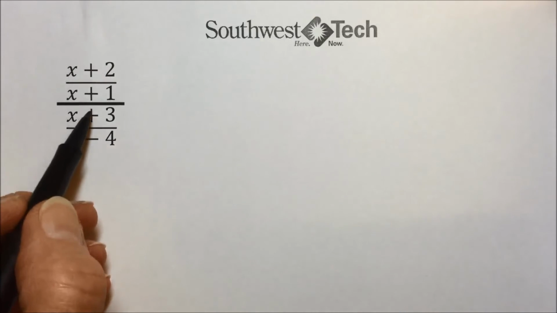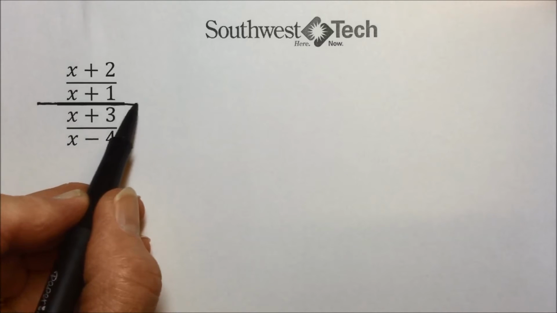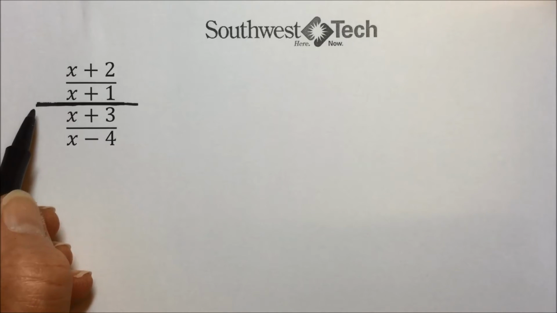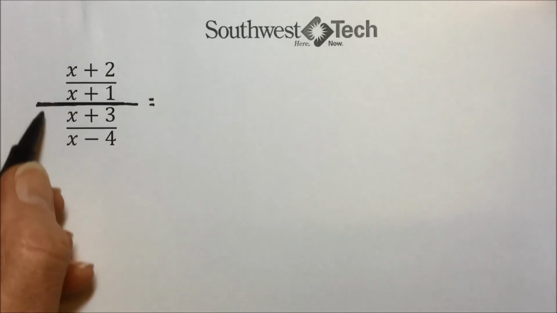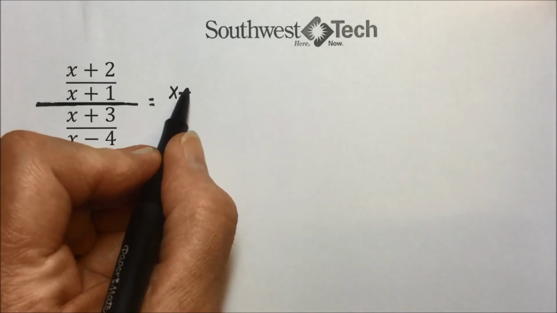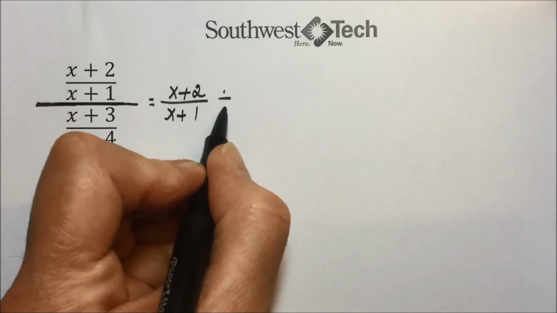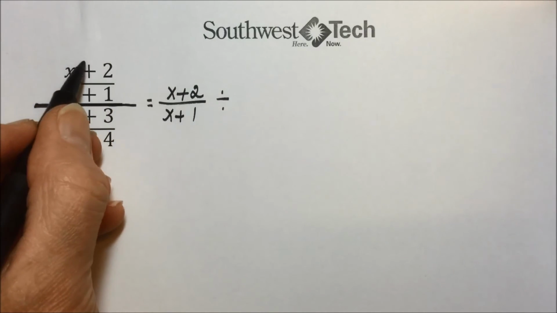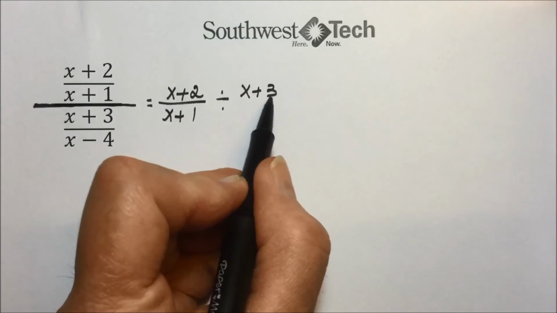So instead of expressing this as a complex fraction and recognizing this fraction bar represents division, we can write it, instead of a vertical division, as a horizontal division. Top rational expression divided by bottom rational expression.